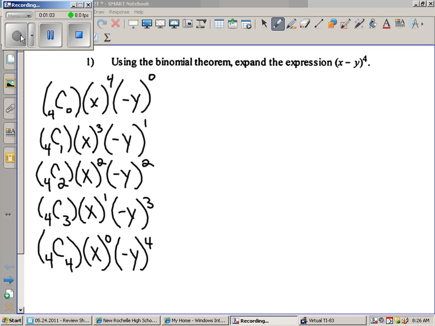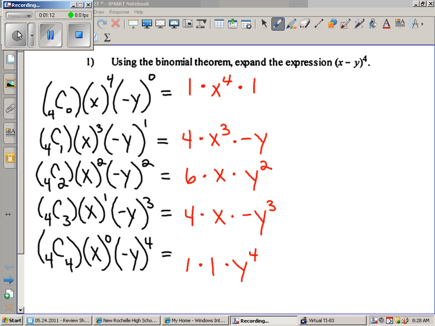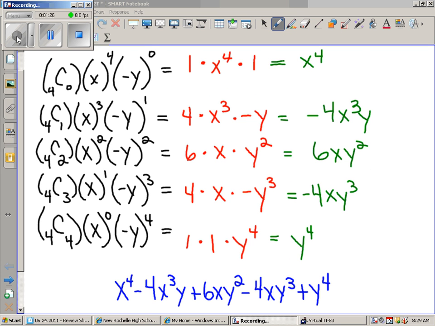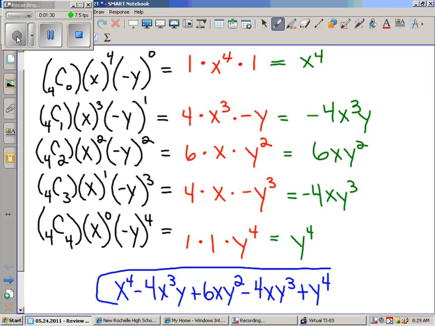Then we simply need to plug that into the calculator, find out how much each one of those combinations is, fill it out, write it all down. If you plug them all in and multiply them out, you get that. When you simplify it out, you get that. And finally, when you write it out, fully expand it out, you get this.